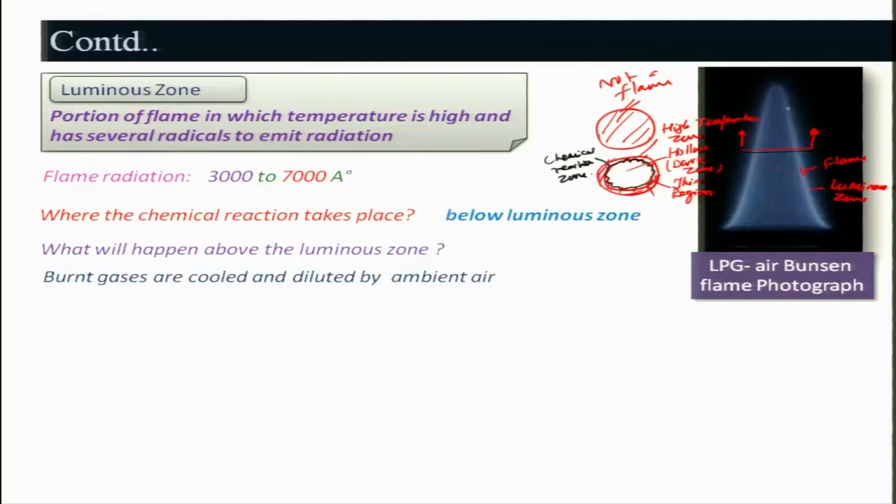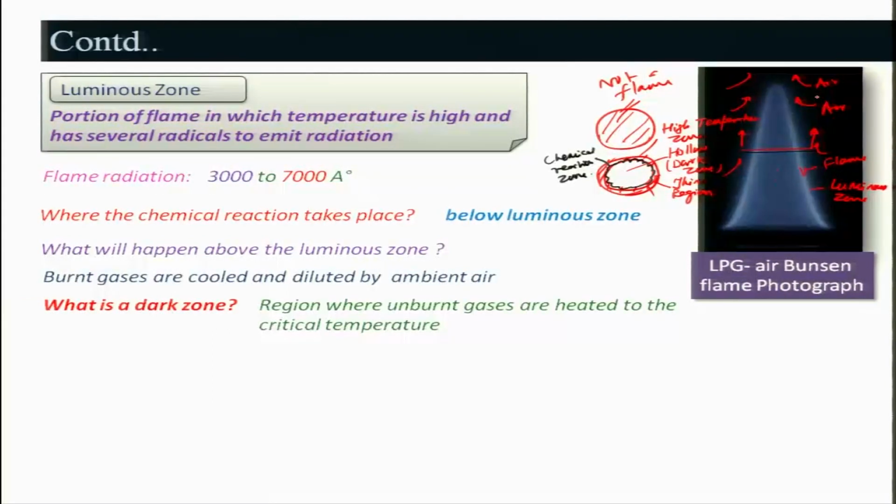Because it is hot gas, there is buoyancy and also some momentum, and since it is an open flame, some air will be entrained from the ambient. The hot gases get cooled down and are diluted by the ambient air above this.